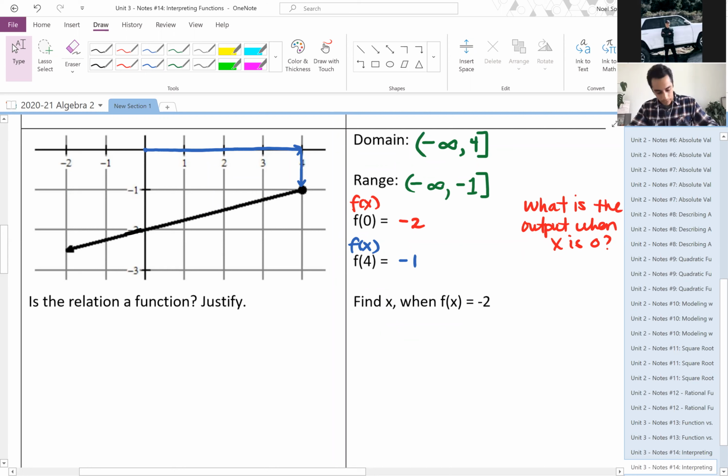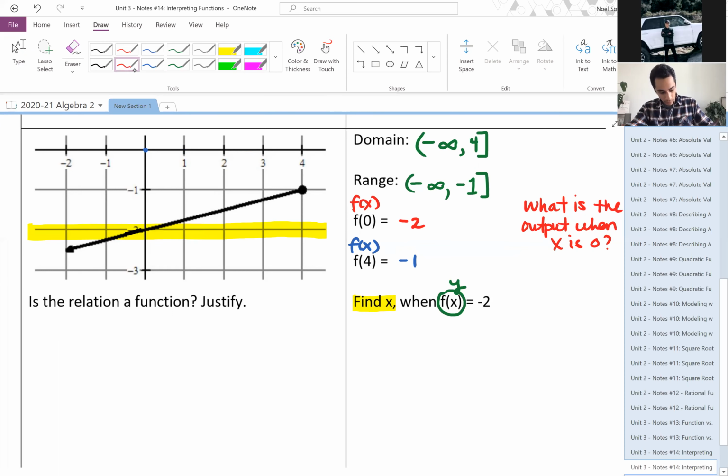Okay, all right, so let me go ahead and erase this. And now let's take a look at the next question, right? So now this one is a find x question, right? Find x question. So what am I given? I'm given what the y value is, right? I know that y is going to be -2. So this is where you get to go. You're going to highlight -2. You're going to go across.